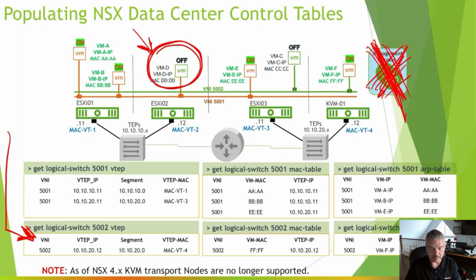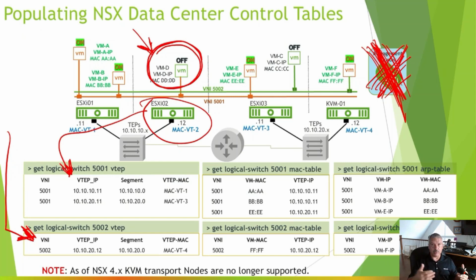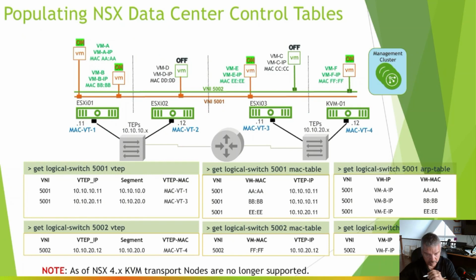And the reason for that is this TEP does not exist in this table. Since control plane's down, we had no way of telling the control plane, nor all the other hosts, that VMD is being powered on and where it's located. So we don't know.